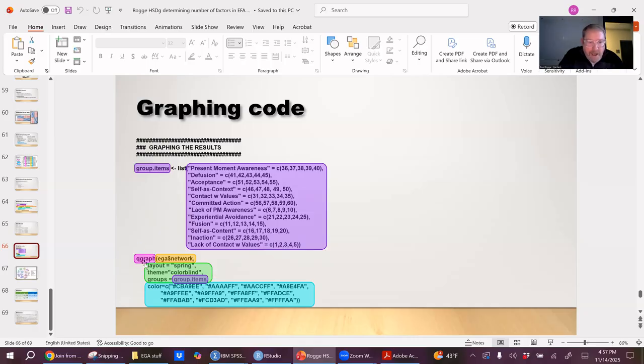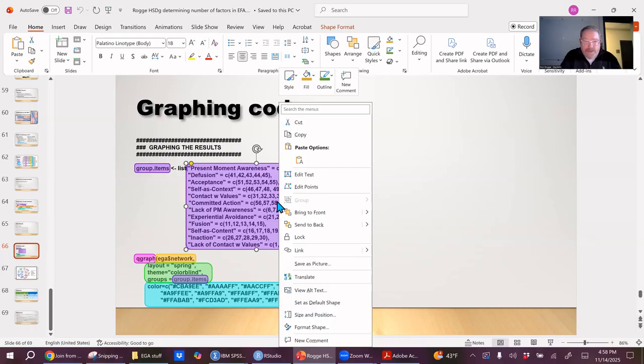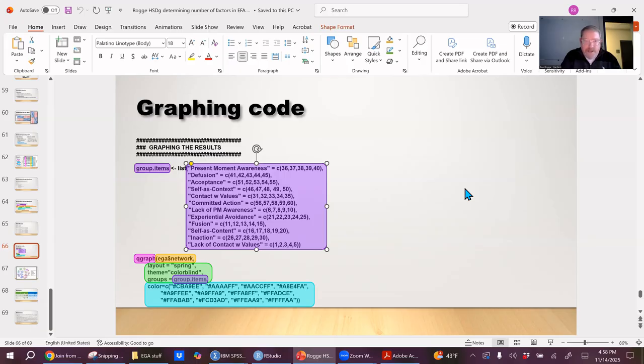Otherwise, I'm using qgraph, in this yellow, on EGA, my data frame for my output, $network. That's where the spring graph information is. I'm telling it I want to do a spring graph. I want to use colorblind, which makes it easier for people to see blue versus red. And then I'm telling it groups is this purple list that I just created.